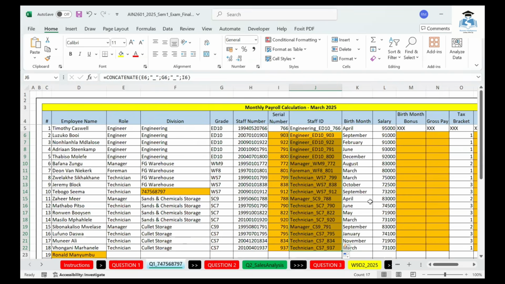You highlight from K5 to K22. Then you go to conditional formatting.